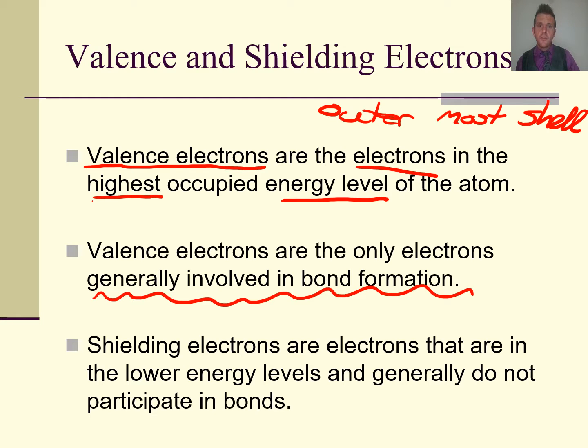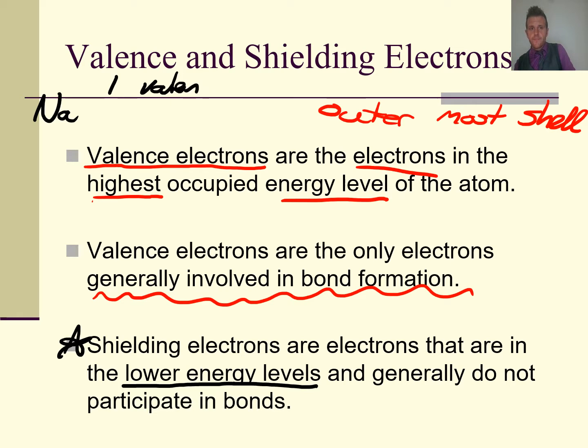I like to think about electrons in two different ways. There are valence electrons, the ones on the outside, and then there are shielding electrons. Shielding electrons are in the lower energy levels. So for example, if we were looking at the sodium from the last slide, the Na, there was one valence electron, the one on the outermost energy level.